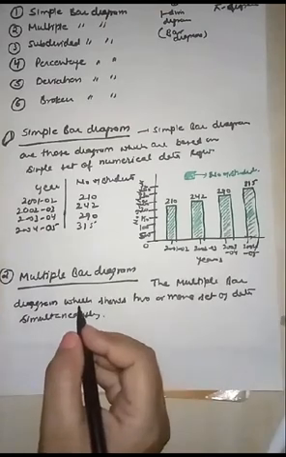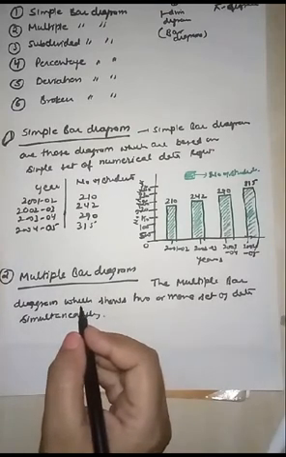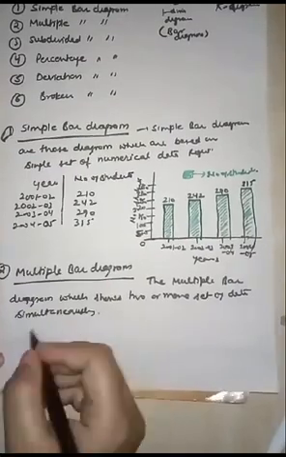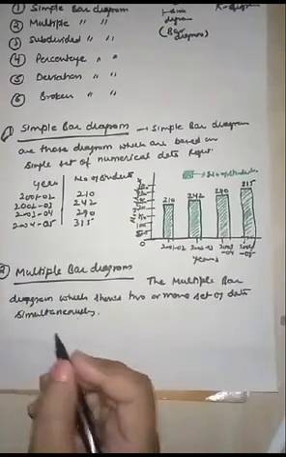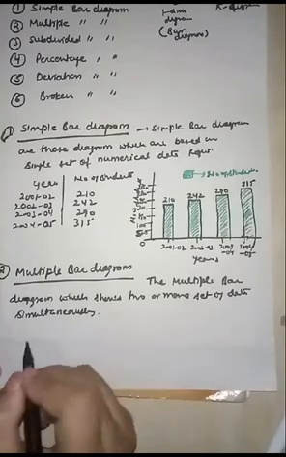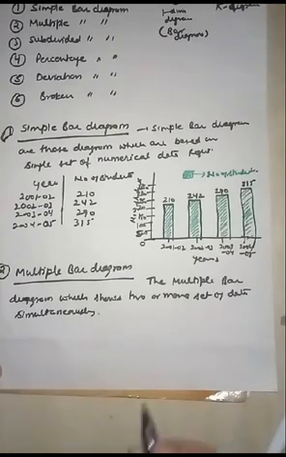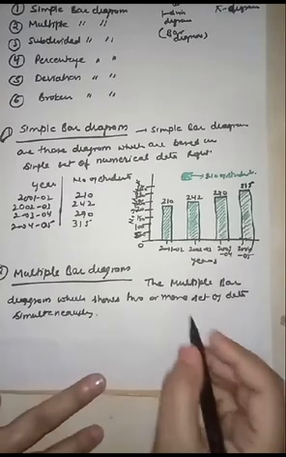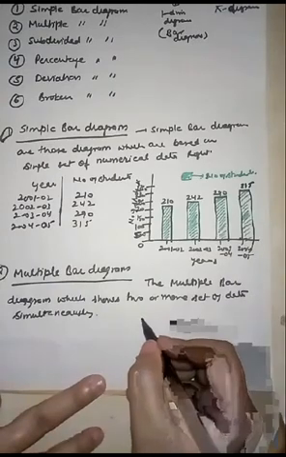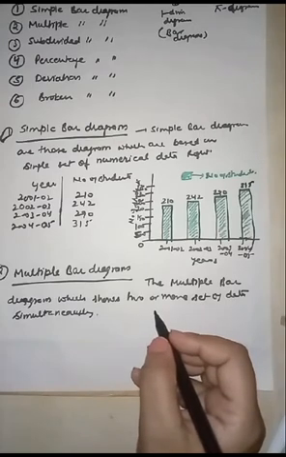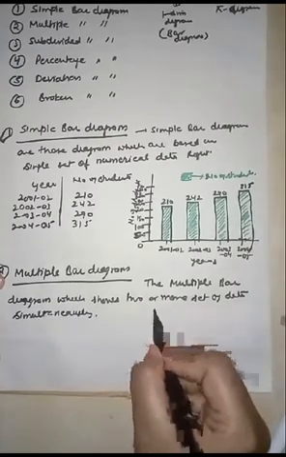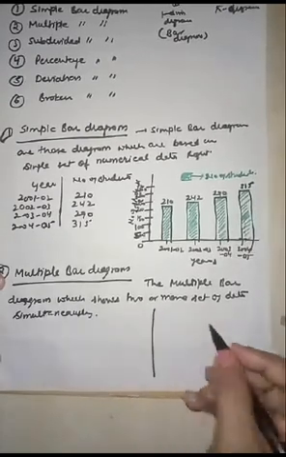So let's take one example. Let's take the birth rate and death rate. I'm making the diagram between the birth rate and death rate.